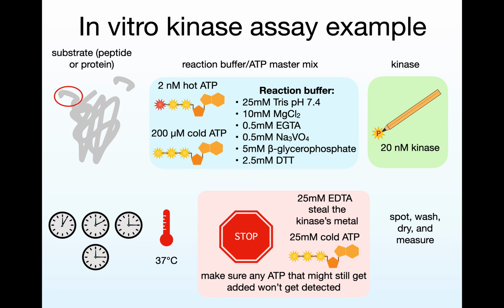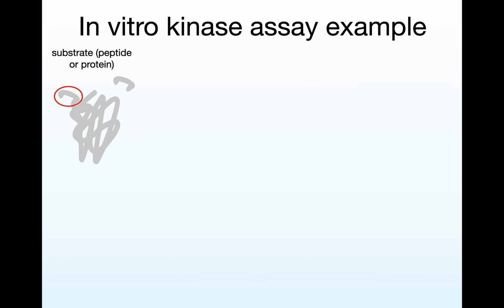I mix the protein with this ATP master mix, which has the ATP and the buffer, so the pH stabilizing and all the salts, and then a kinase. I let that reaction go, then I stop it, and then I spot, wash, dry, and measure. So that's basically what we just went over, but with a little more detail on concentrations. Now let's look step by step in a little more detail.